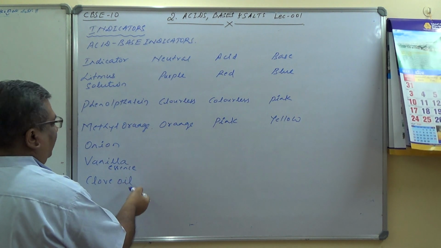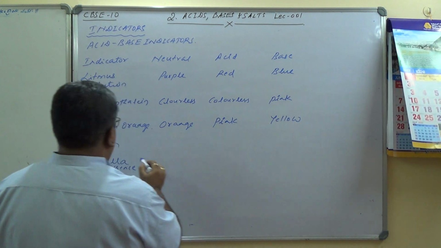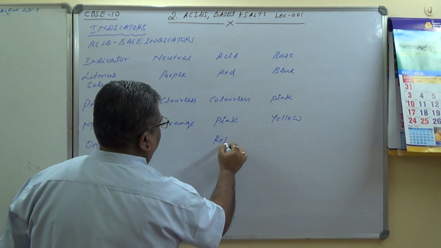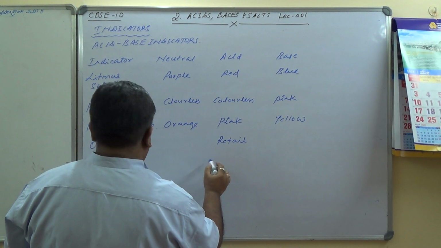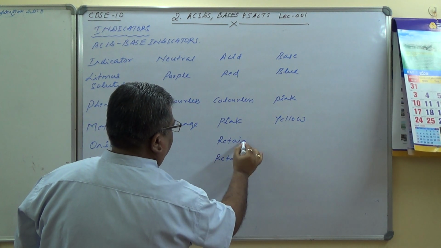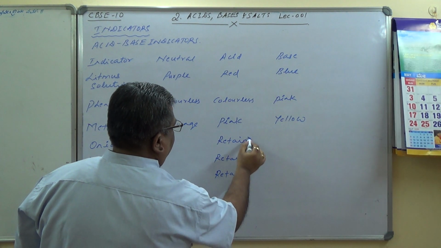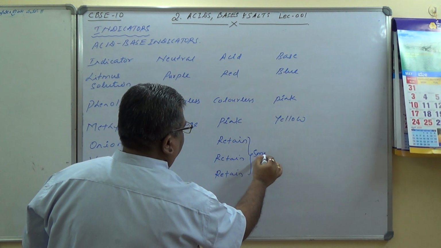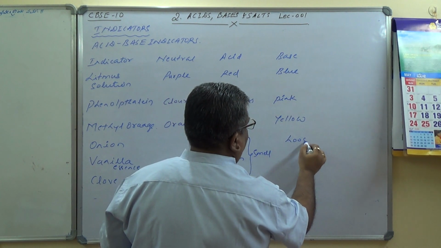Onion, vanilla essence and clove oil, they retain their smell in acidic conditions, and under basic conditions lose smell.